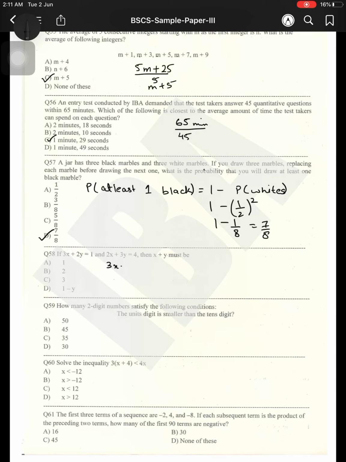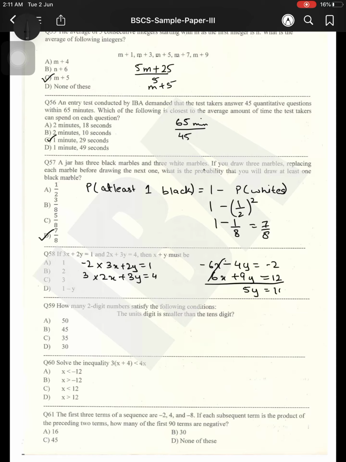This next question we're just gonna solve. So 3x plus 2y is equal to 1. 2x plus 3y is equal to 4. Multiply the first equation with minus 2 and the second equation with 3. So minus 6x plus 4y is equal to minus 2. 6x plus 9y is equal to 12.